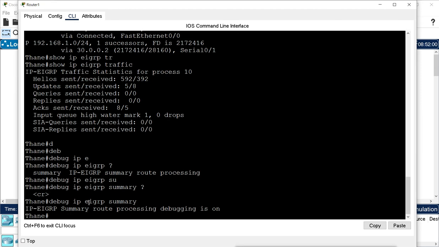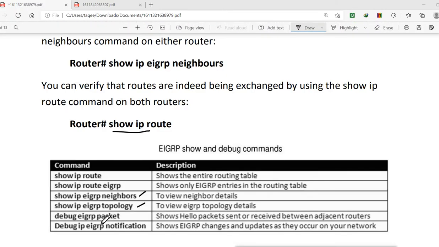But on a real router, when you run this command, you will see other options also, like show EIGRP packet, show EIGRP notifications. So you can debug the EIGRP packets, debug IP EIGRP notifications. You can enable these also.